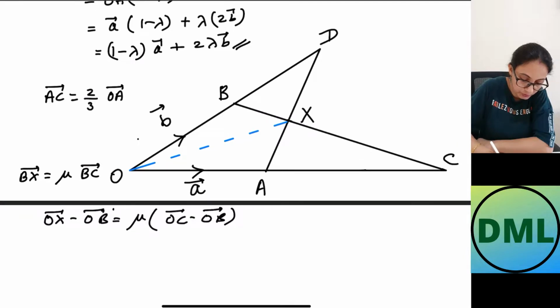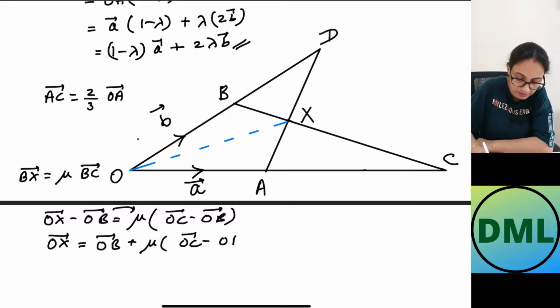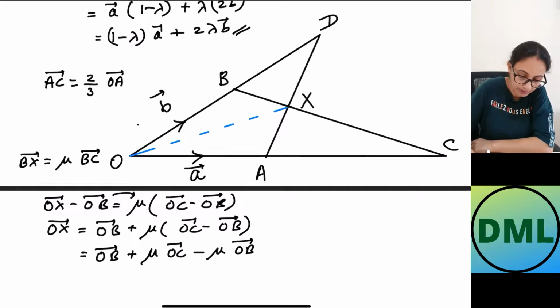Now move this OB on right hand side. OX vector is equal to OB plus mu times of OC vector minus OB vector. Open the bracket. It will be OB plus mu times of OC minus mu times of OB vector.